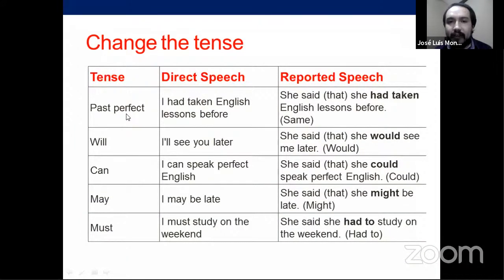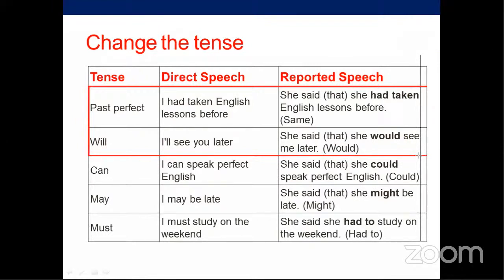Please, Melissa, if you can help me out with sentences with past perfect and will. Okay, direct tense is past perfect and direct speech is I had taken English lessons before, and reported speech is she said that she had taken English lessons before.